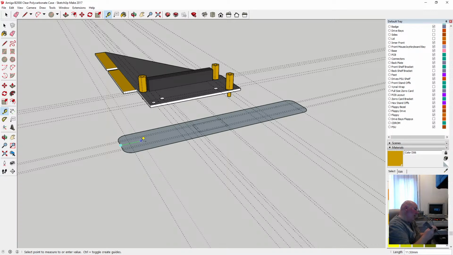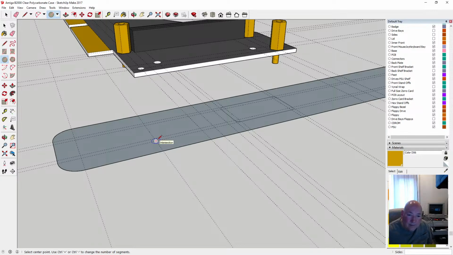Got certain holes, right, so we've got 22.5. Then let's just put the hole in it. 22.5. The hole is what size?